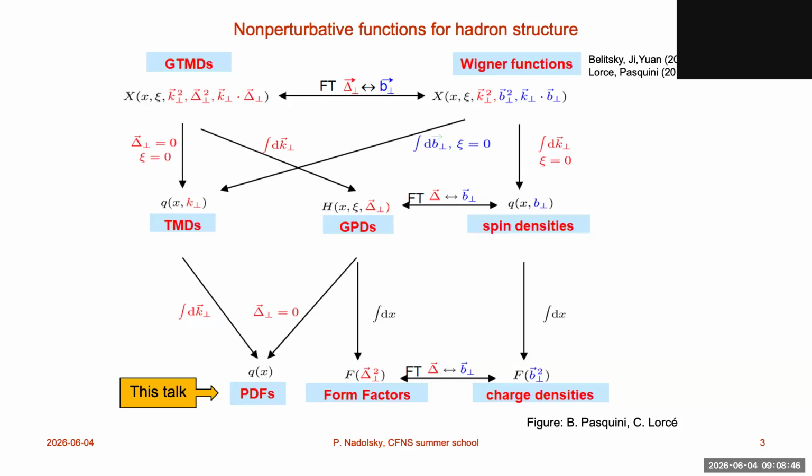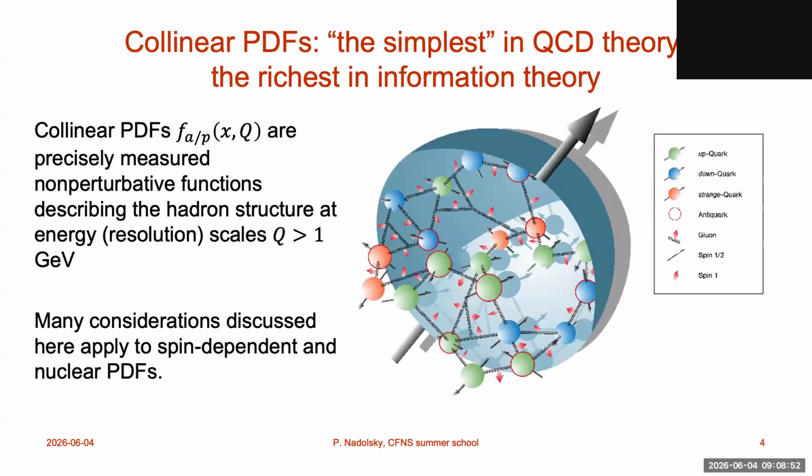But what I would like to emphasize to you is that even though we sit in this small corner, we still have lots of very interesting results and phenomena that describe these parton distribution functions. And the reason is the following. These parton distribution functions are the simplest in QCD theory, but we really study them a lot.